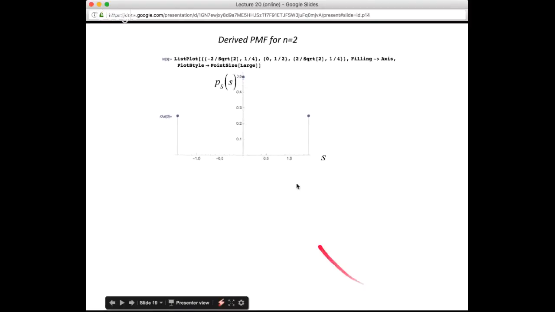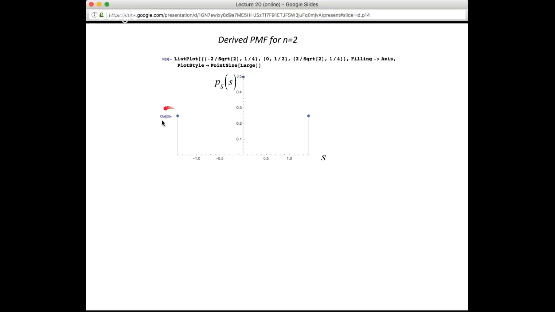Okay, and so we can actually plot that derived PMF for n equals 2. So I'm just plotting the PMF for S against S, in this case where n is equal to 2. And just like I said, at 0, when S is equal to 0, we've got two events, each of which contribute a probability of 1/4. So we get a total probability of 1/2 or 0.5.